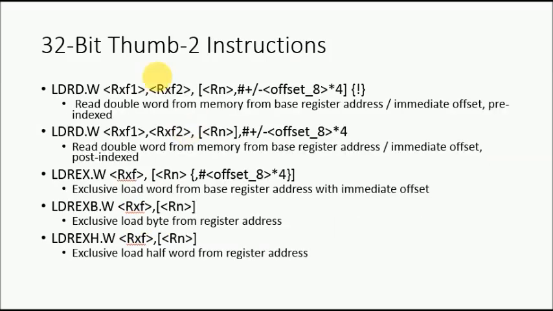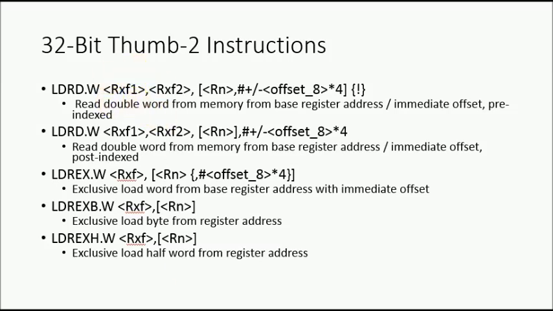LDRD.W. So here there are two registers, Rxf1, Rxf2, and remember here this is LDRD, so it is going to read the double word. So D indicates the double word, not a single word, and we know that the double word means 64 bit. So here the 64 bit data is transferred from the memory to the registers.